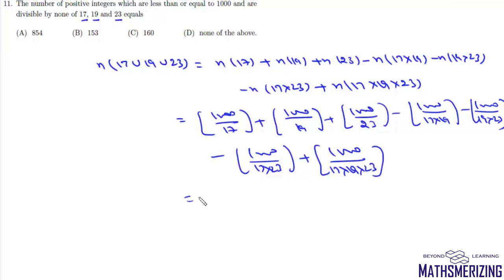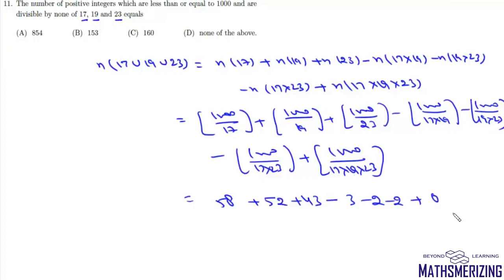Now this number is 58 plus 52 plus 43 minus 3 minus 2 minus 2, and then 1000 divided by 17, 19, 23 is simply 0.